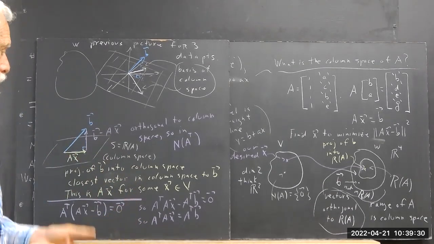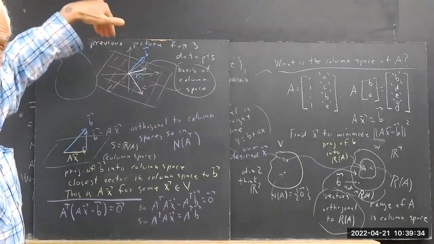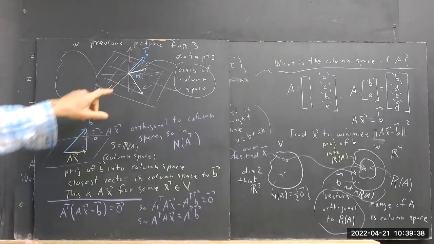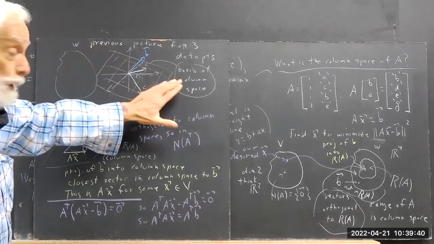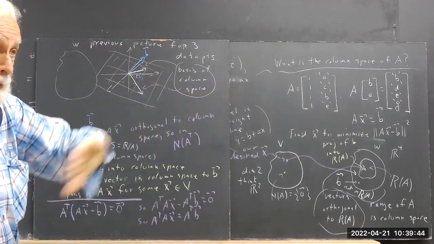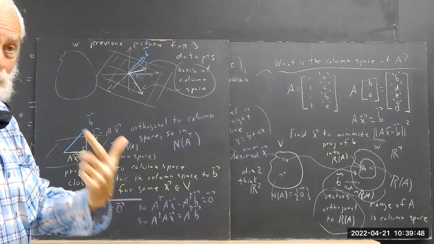Now your text doesn't develop this in the context of planes and lines, orthogonal and so on. But remember that orthogonal to a plane you have a line in 3 space. If you've got a plane in 3 space, perpendicular to it is one particular direction.